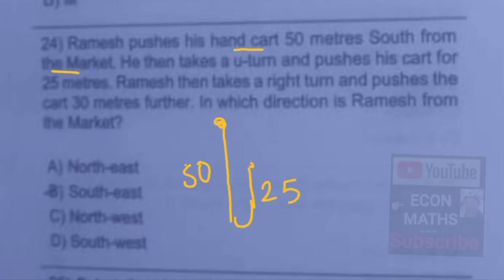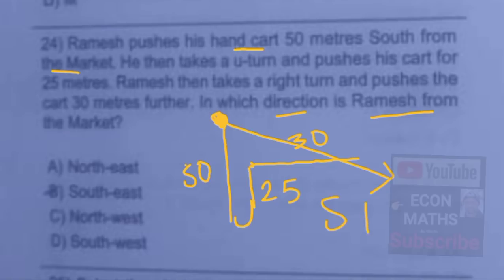So here he takes the right turn of 30 meters. So we have to tell in which direction is Ramesh from the market. So compared to the market, his position would be south east. The correct option should be southeast.